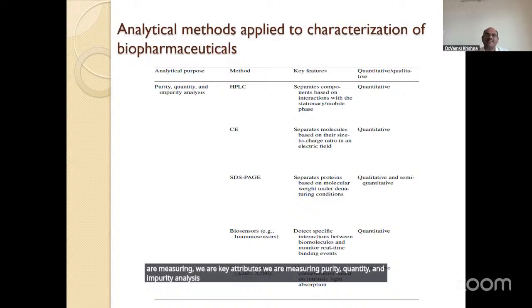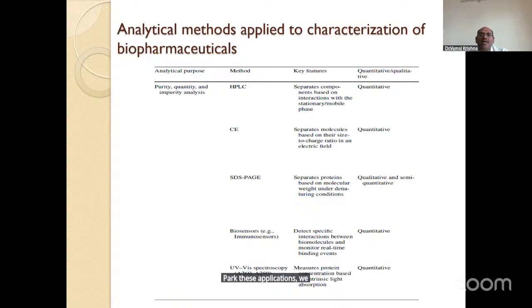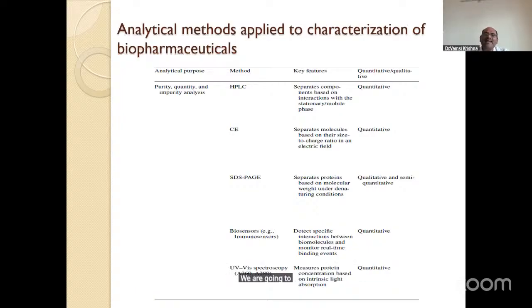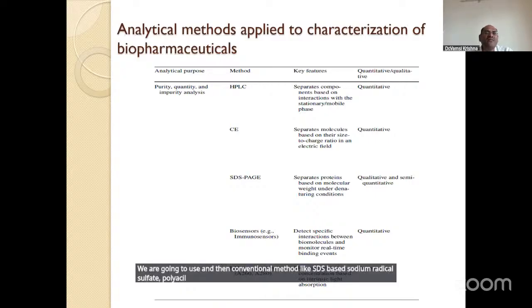For these applications, we are going to use techniques like HPLC, high performance liquid chromatography, and CE, capillary electrophoresis, and CE-MS, a capillary electrophoresis and mass spectrometry combination. And then conventional methods like SDS-PAGE, sodium dodecyl sulfate polyacrylamide gel electrophoresis.